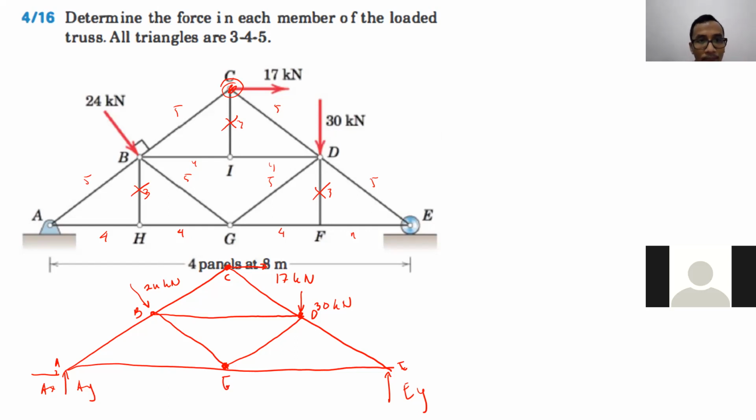I think we should start from C since it only has 2 unknowns. C, because C only has 2 unknowns. Yes, correct. This is the first one. After we solve for BC and CD, what else can we go to next then?